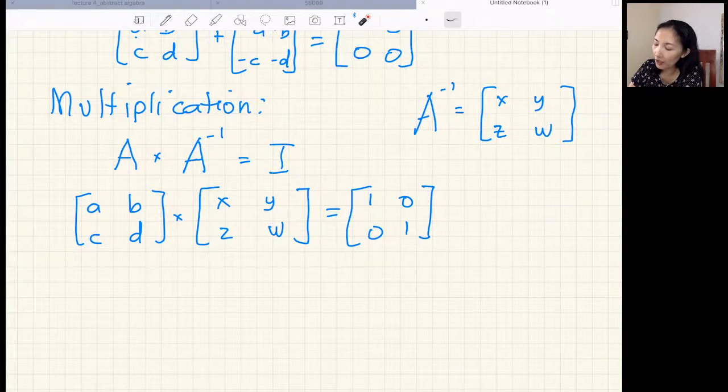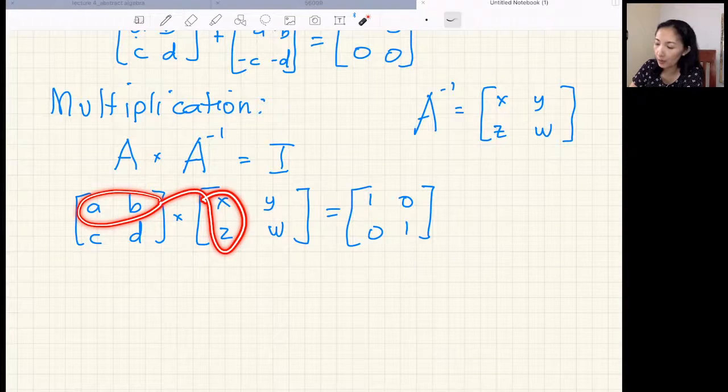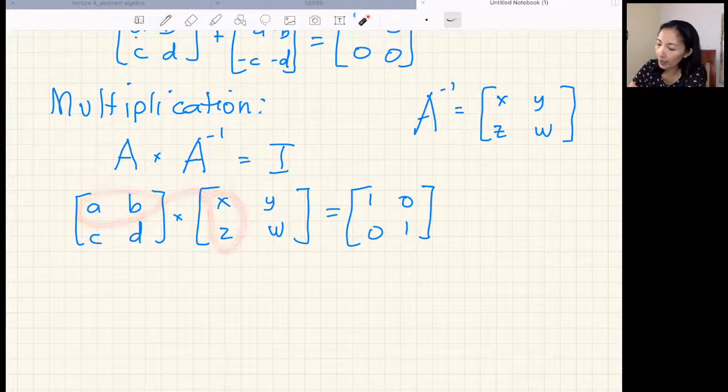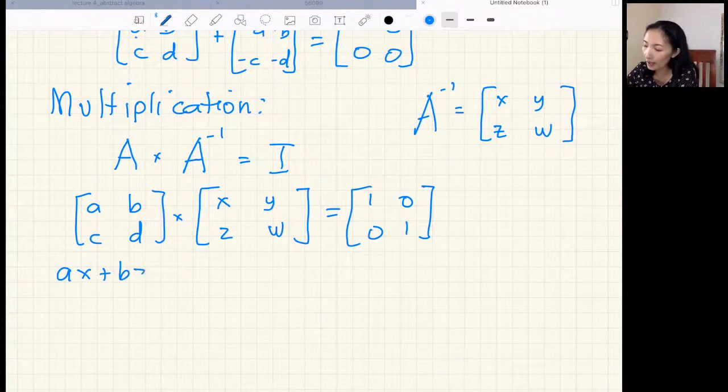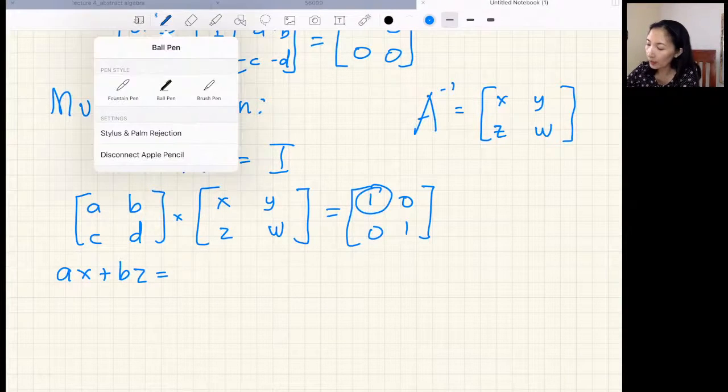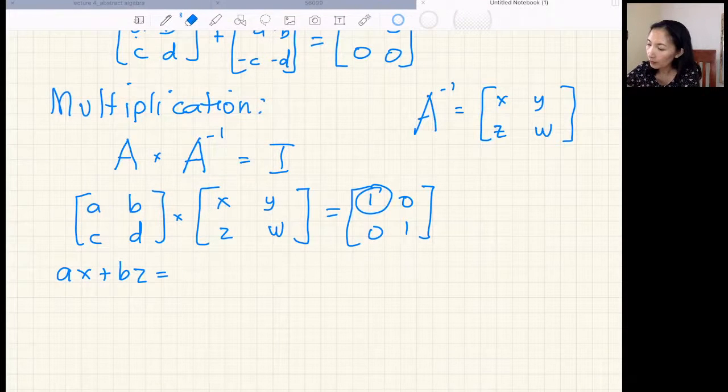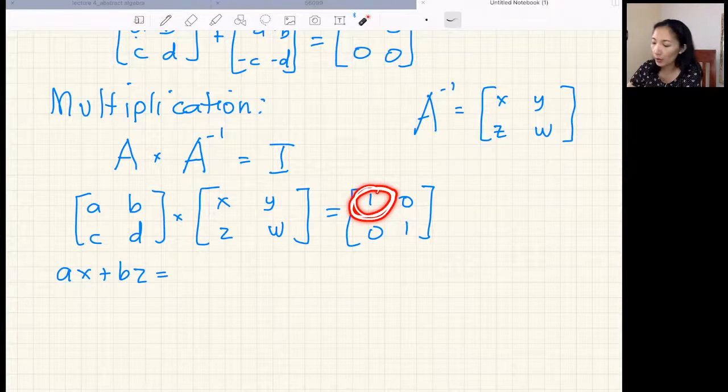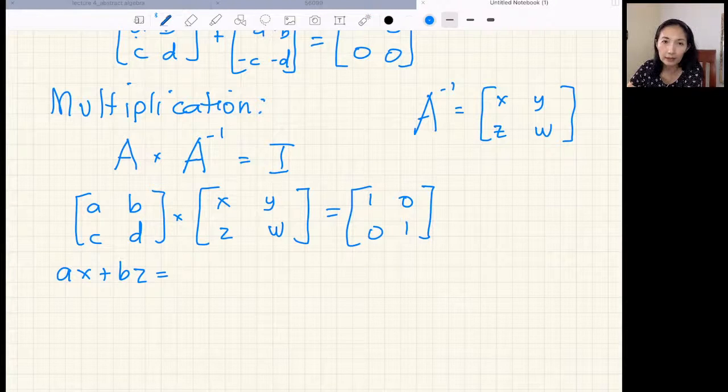From the definition, first row by first column gives AX plus BZ, which should be equal to 1.